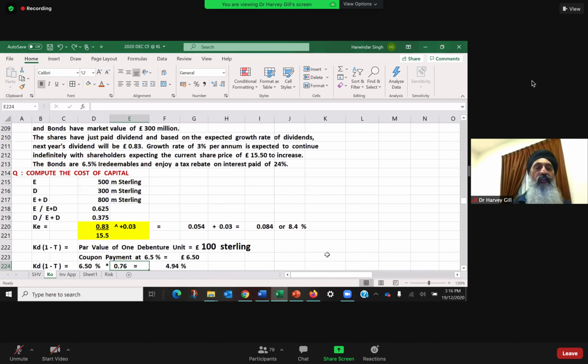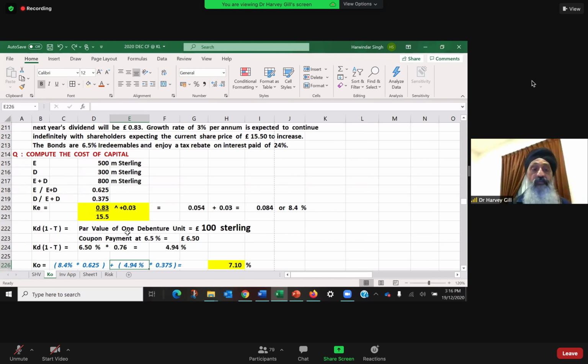Then when you want to find your KD, 1 minus tax, par value of one debenture unit. In UK it's 100, in Malaysia and New York it's 1000. The coupon payment is 6.5%. So that means for every £100 sterling, the interest actually paid, the coupon or contractual payment of interest, will be £6.50. Therefore KD will be equal to 6.5% multiplied by 0.76.